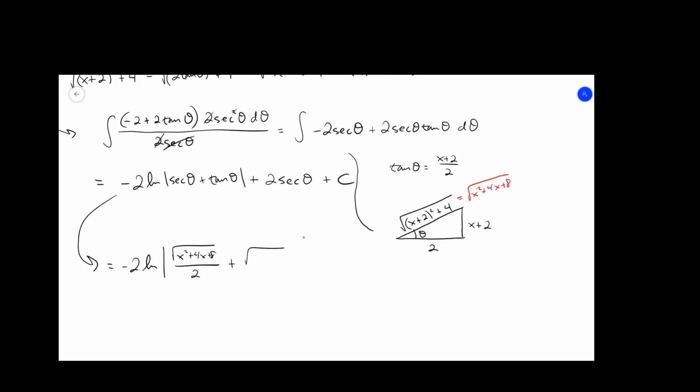Tangent's opposite over adjacent. Oops, there's no root there. So x plus 2 over 2. And then plus 2 secant theta. Again, secant, same thing. Square root of x squared plus 4x plus 8 over 2.